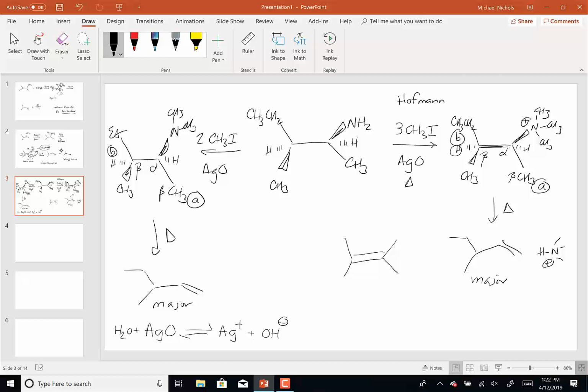Your time is up. So let's vote. Your choices are the two methyl groups are going to be cis, or the two methyl groups are going to be trans.